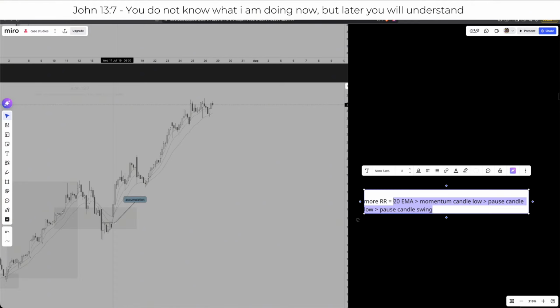So more R is the pause candle low, which is going to be better than the pause candle swing, which is going to be better than the 20 EMA close, which is going to be better than the... and a low.